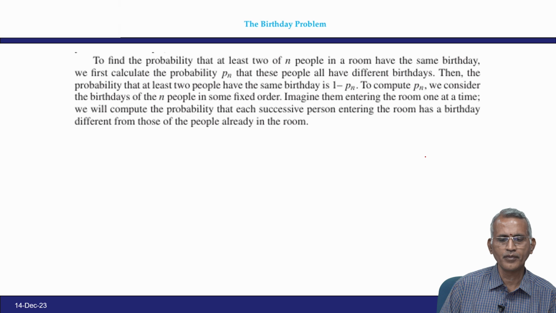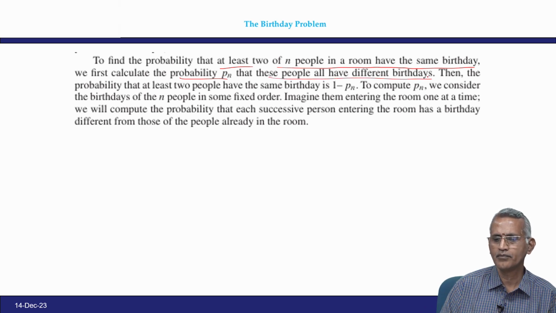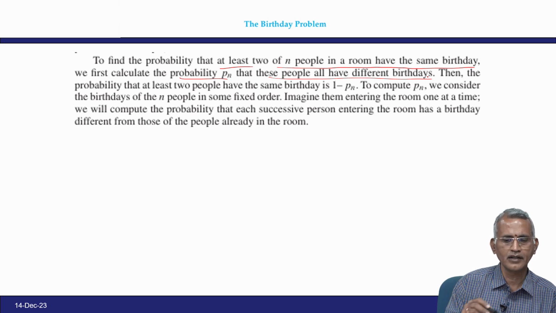First, to find the probability that at least 2 of n people in a room have the same birthday, we calculate the probability Pn that these people all have different birthdays. Then the probability that at least 2 people have the same birthday is 1 minus Pn.